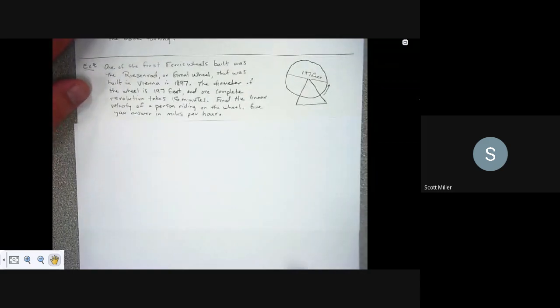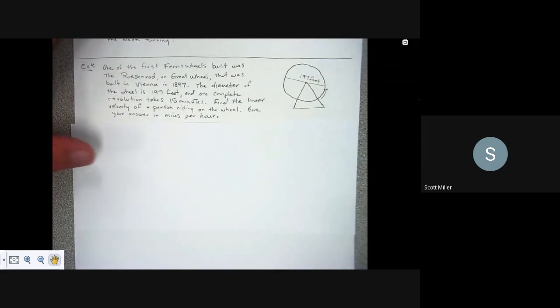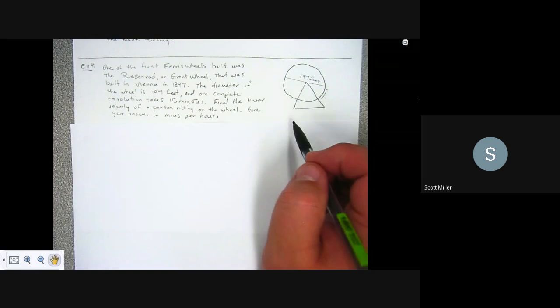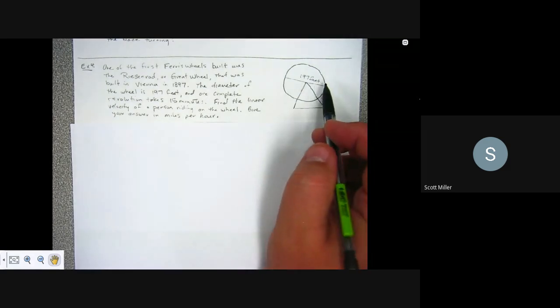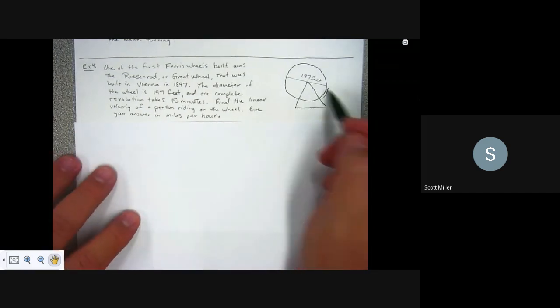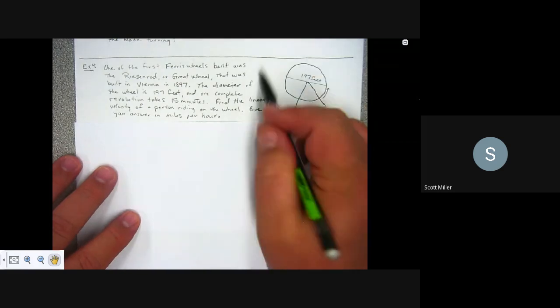This one, a little bit of history on it. You should look these things up. They're probably pretty cool. So the very first Ferris wheels aren't what we're used to nowadays. These things were big, giant things, and they went really, really slow. The cars that you sat in didn't just hold 3 to 5 people. They held like 20. These things were huge. Big old cars that people sat in as they went up and around.